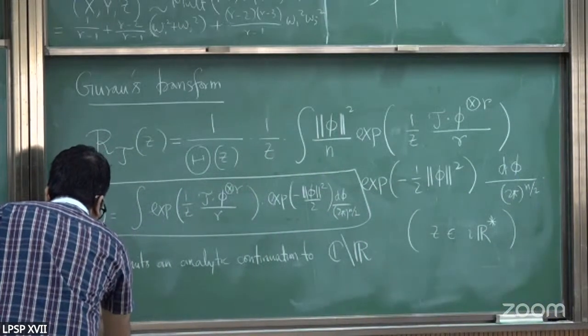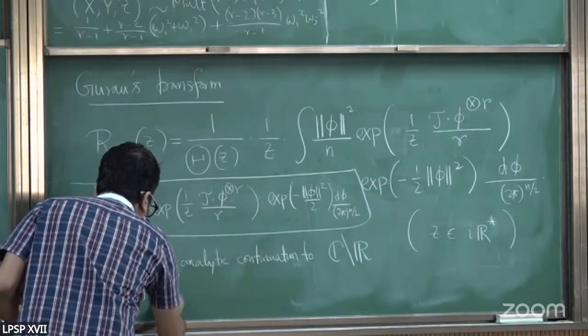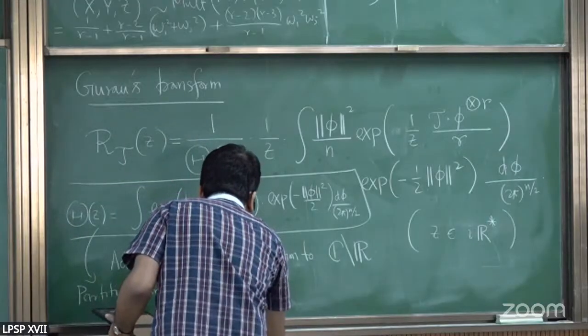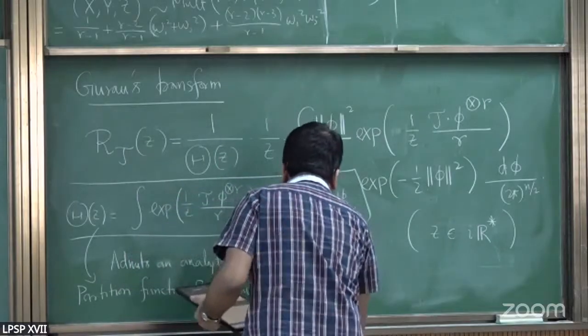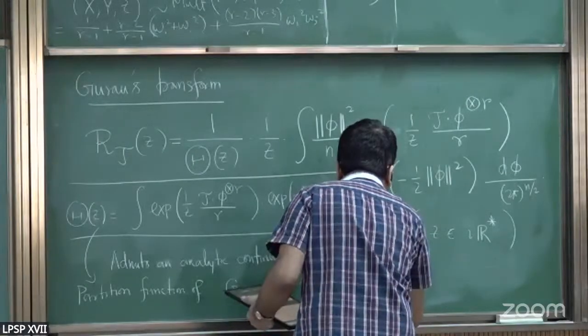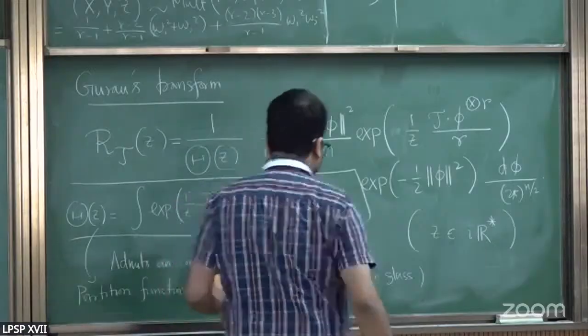So this is the partition function of the spins, which are real vectors.